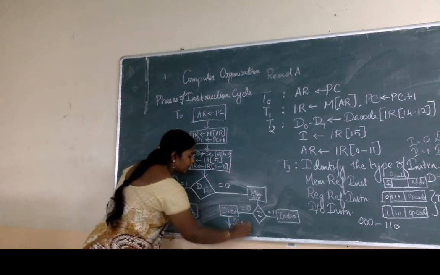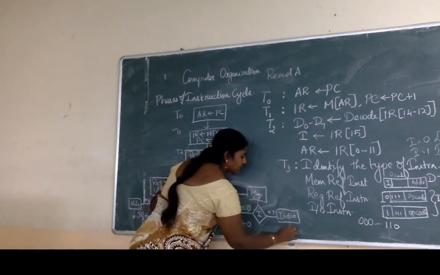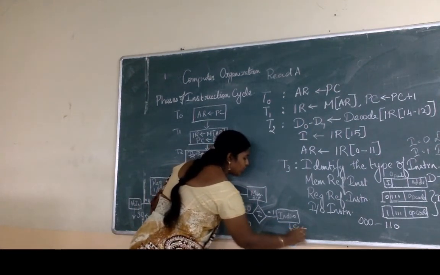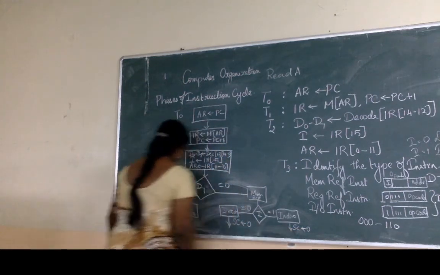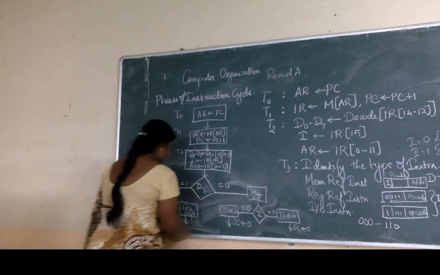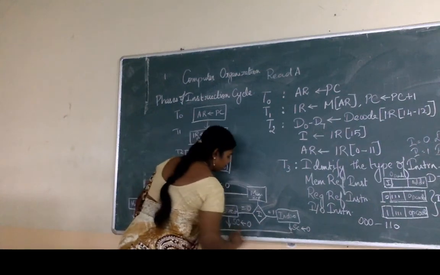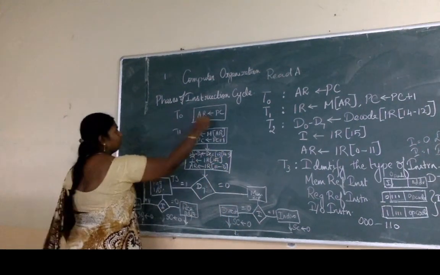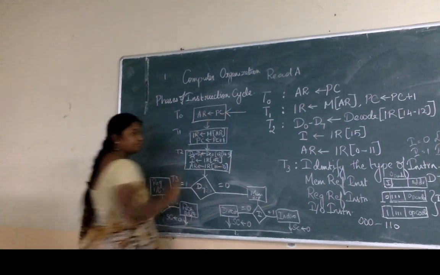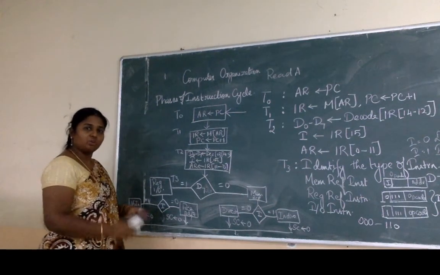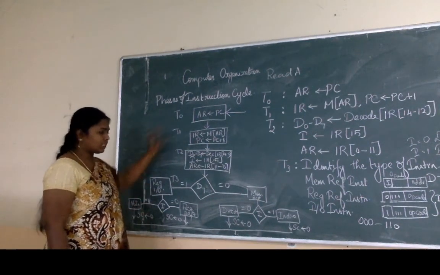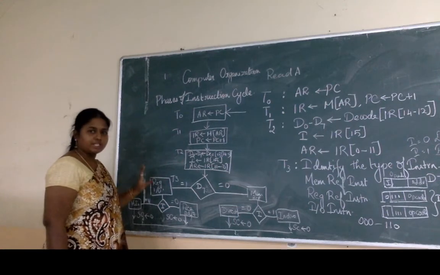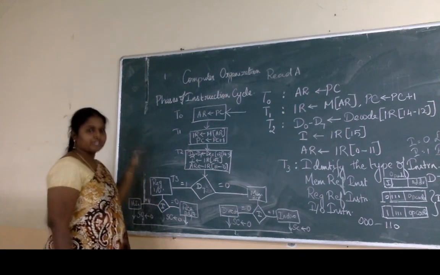Setting or clearing of the sequence counter indicates completion of execution of a particular instruction. So I can clear off the SC and then get back to T0. Is that clear? So this is how the instruction cycle works.